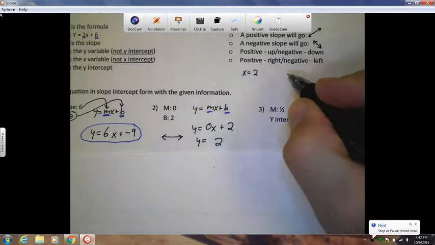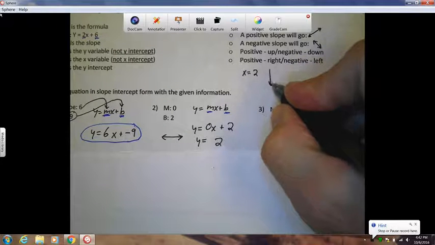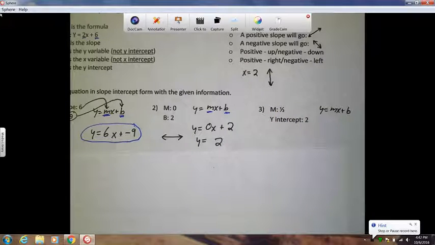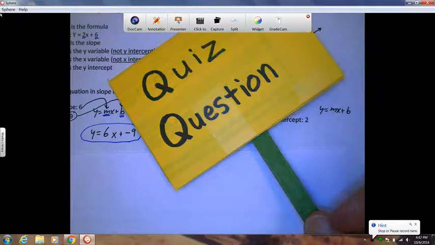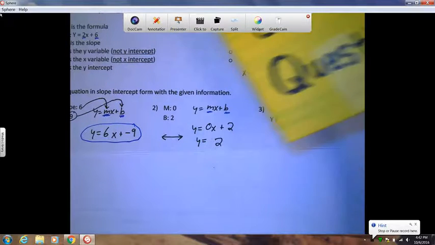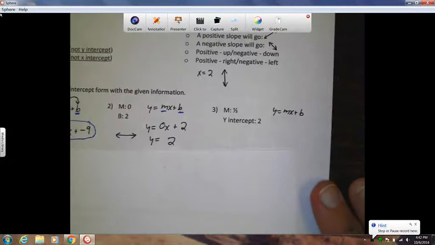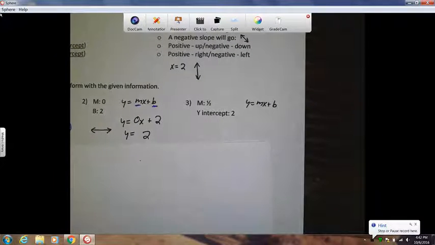Make sure you remember those two. Remember the difference between a 0 slope and an undefined. This is undefined. And the last one. So I need slope and I need intercept. Y is equal to 1/2 x plus 2.